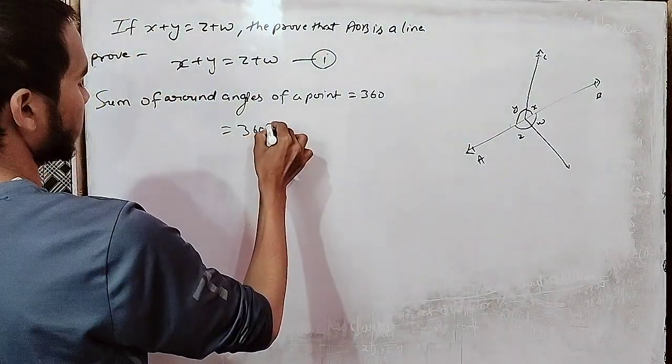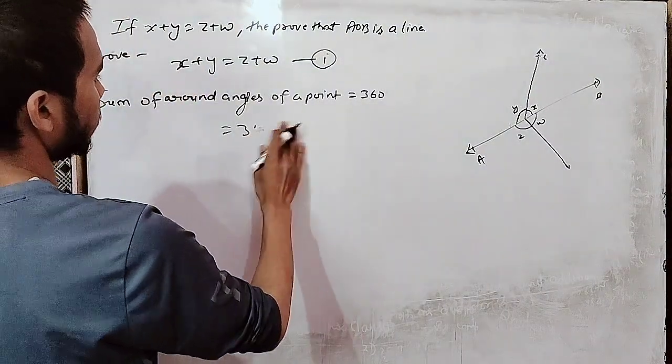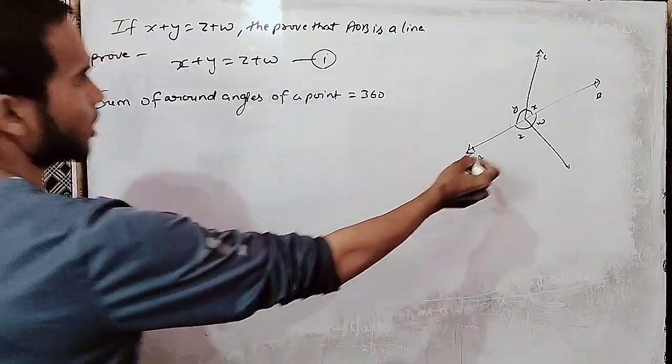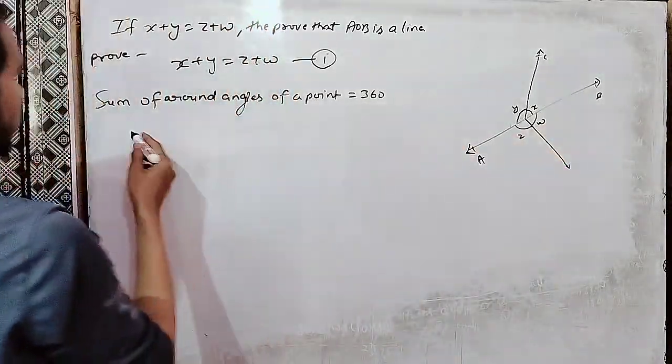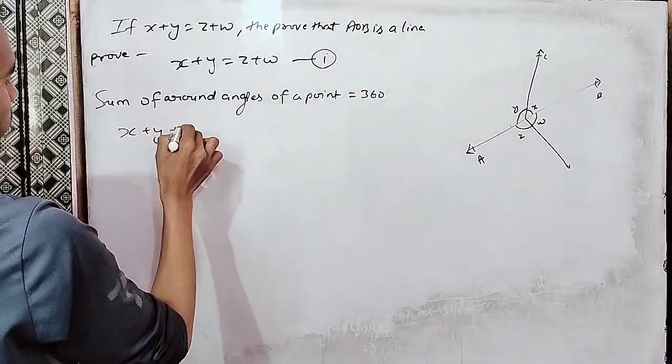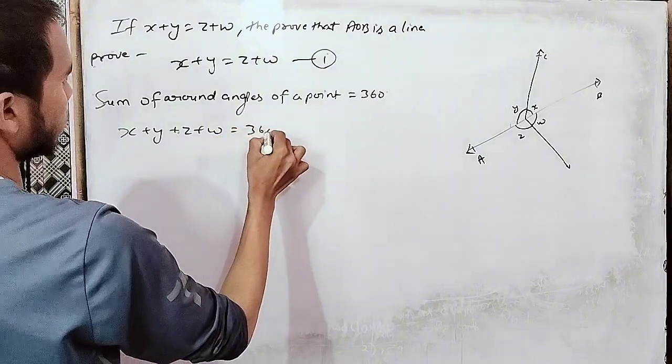So can we write x plus y plus z plus w, which is 360.